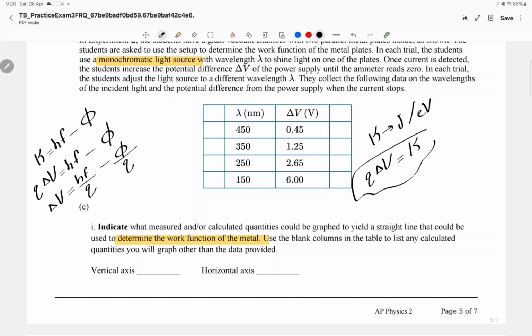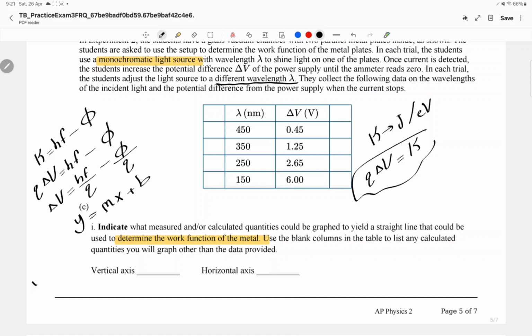Okay. And now what we're trying to do is find a straight line to find the work function, right? So if we were to implement y = mx + b, we are able to vary the f, because they said different wavelength, that means different f.